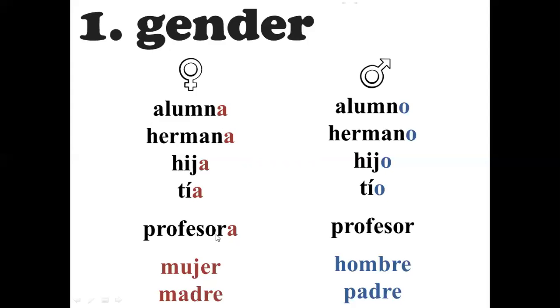There are some like profesora, profesor. Right? The masculine ends in R, the feminine ora. Right? Profesor, profesora. And then some that don't have any indication. You just need to know the definition. Mujer, woman. Hombre, man. Madre, mom or mother. Padre, father.